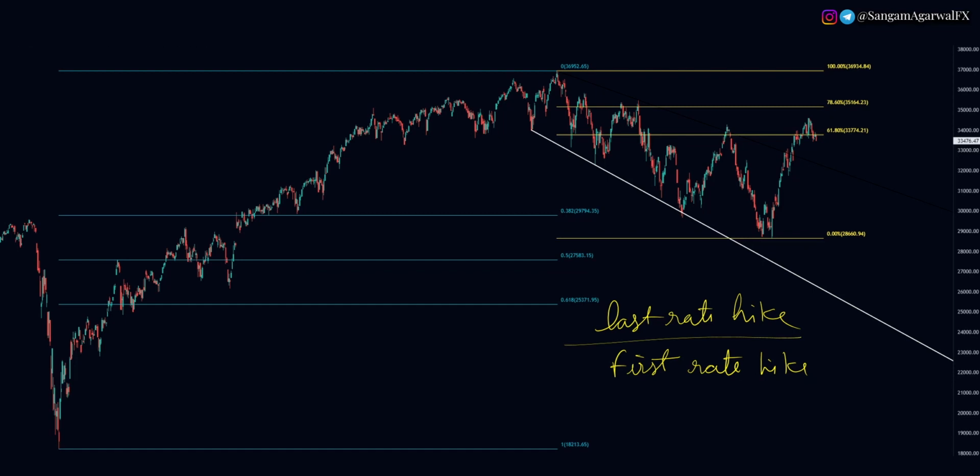But market doesn't believe this, because they say something and do something. And now market is expecting 50 basis points this week, then 25 and 25 two times again next year. Then after that rate cut speculation will start.